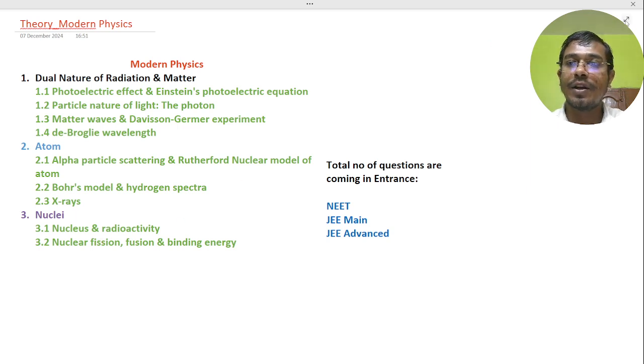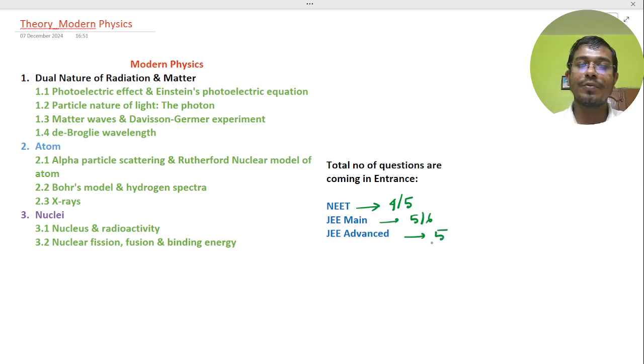Basically this lecture is for NEET, JEE Main and Advanced students. In the NEET exam, 4 to 5 questions come from modern physics, in JEE Main 5 to 6, and in JEE Advanced also about 5 questions. So it is very important.